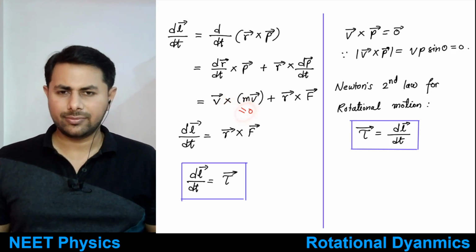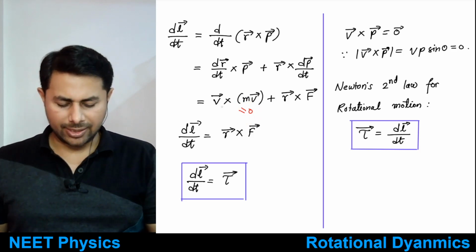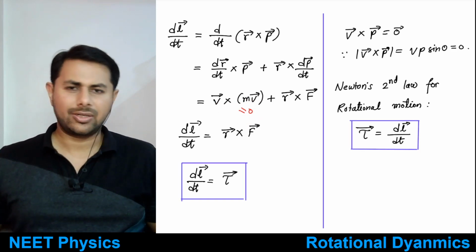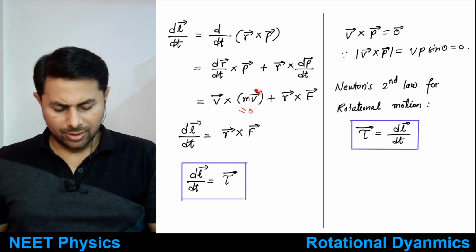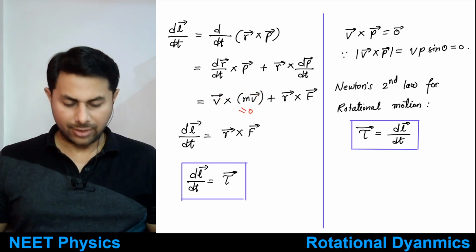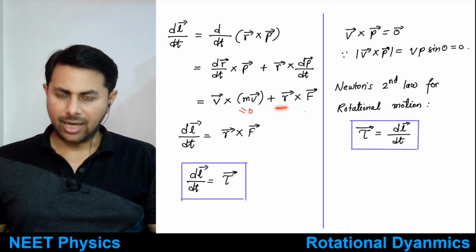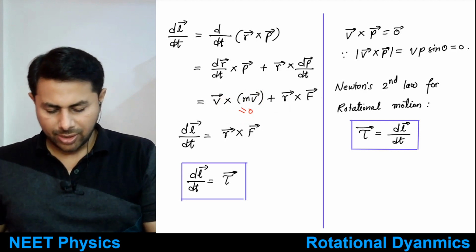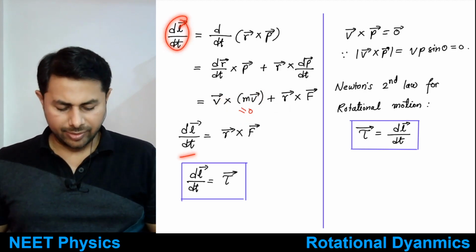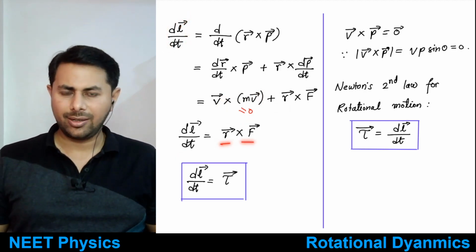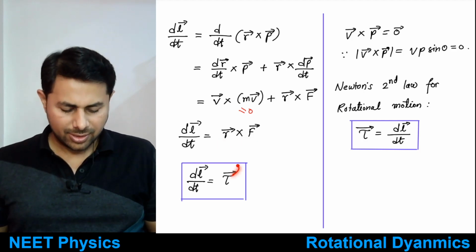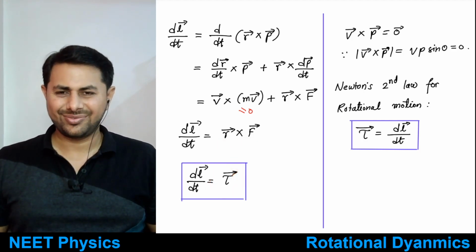We know that, because it is the magnitude of this one times the magnitude of this one times the sine of the angle between the two. So this thing is 0. What remains is r bar cross F bar only. So the rate of change of angular momentum is equal to r bar cross F bar, which is equal to what? Torque.